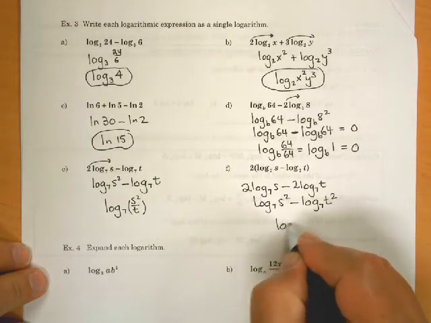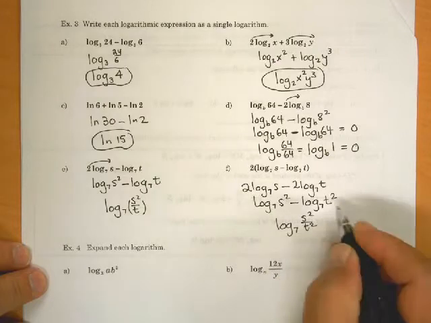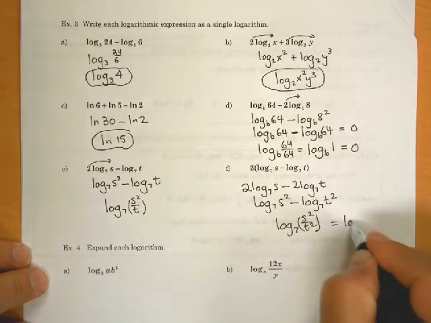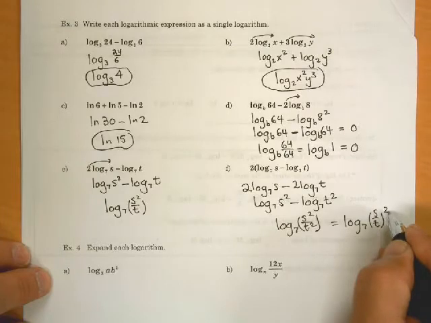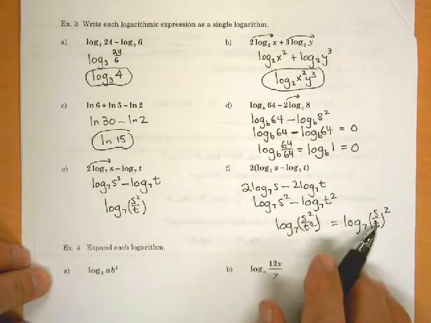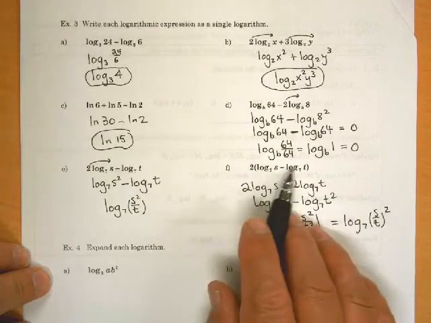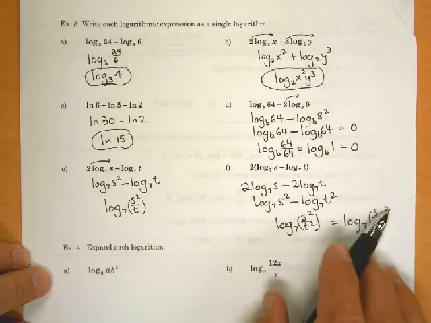So log base 7 of s squared over t squared. Now another way to think of this is like this: log base 7 of s over t, both top and bottom squared. And if you want to write it that way, you could start right here by doing the quotient rule, s over t there, and then just putting your squared on it later.